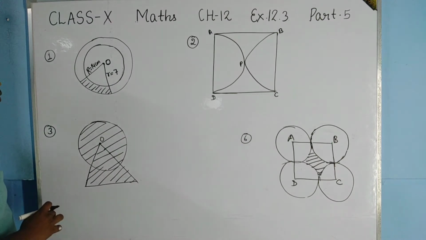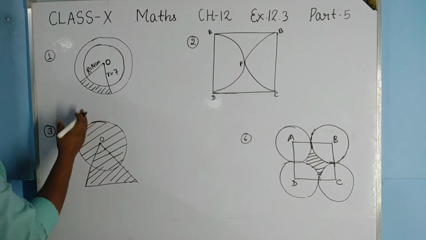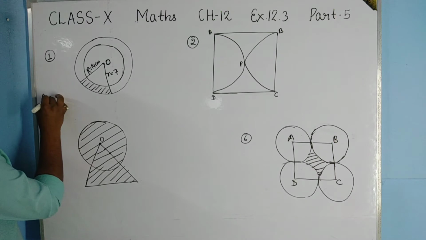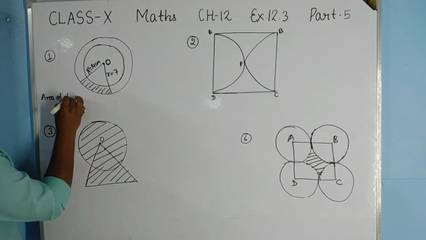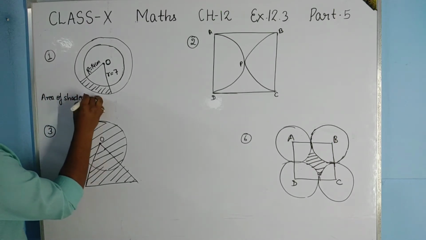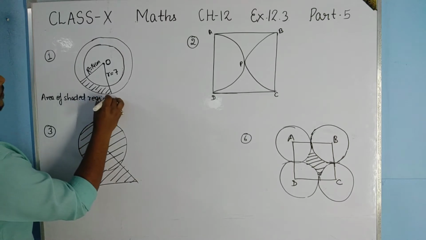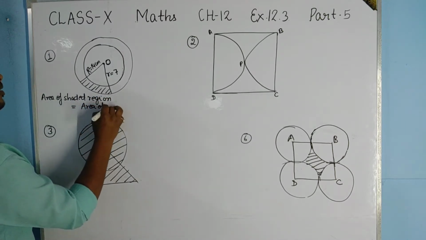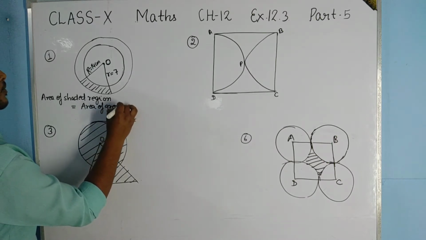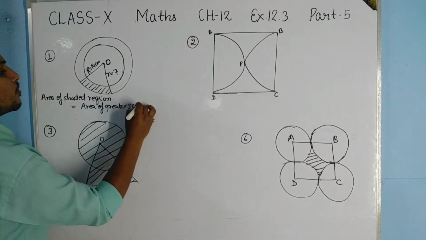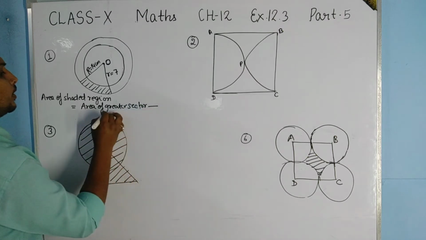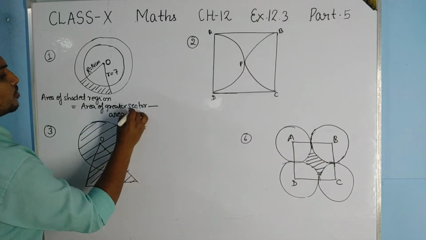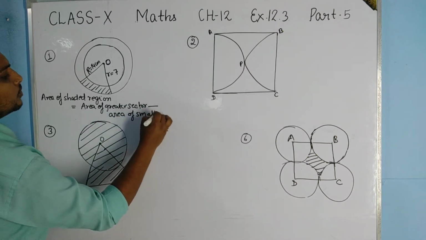By observing the figure, you can say that area of shaded region will be equal to area of greater sector minus area of smaller sector.